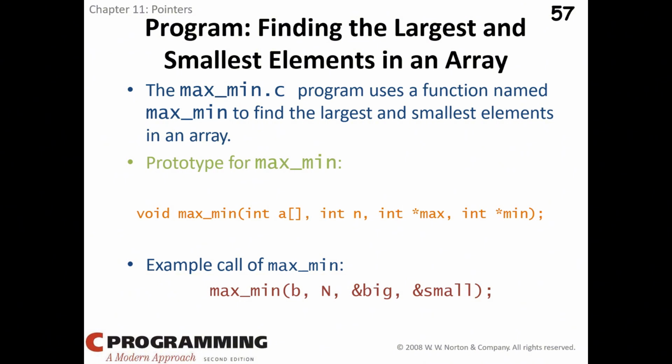In this prototype, the parameter A represents the array containing the elements we want to analyze, and the parameter n indicates the number of elements in the array.